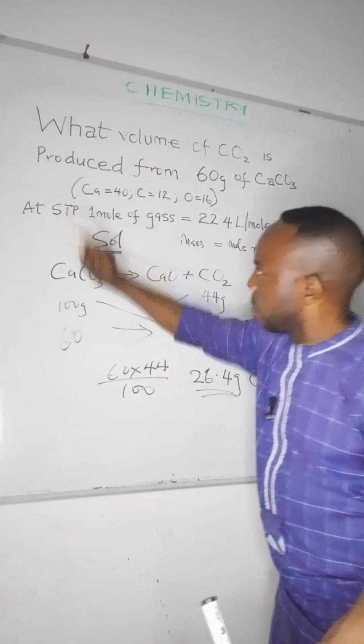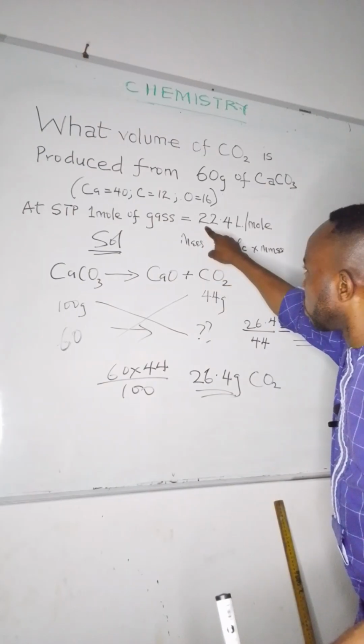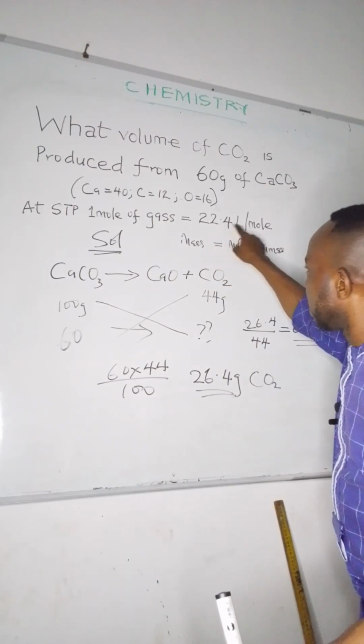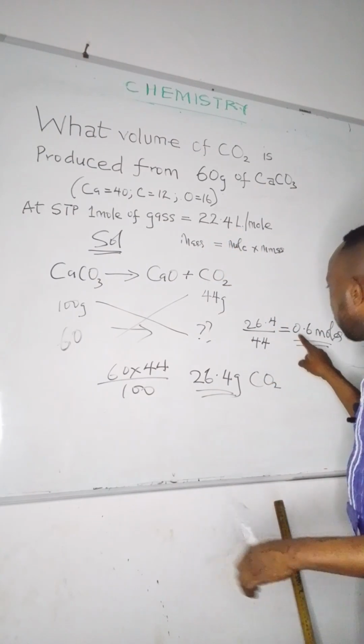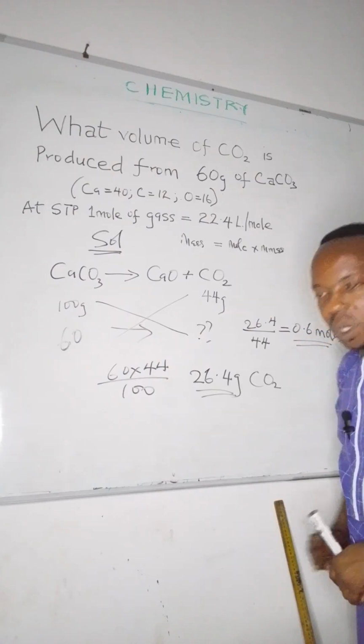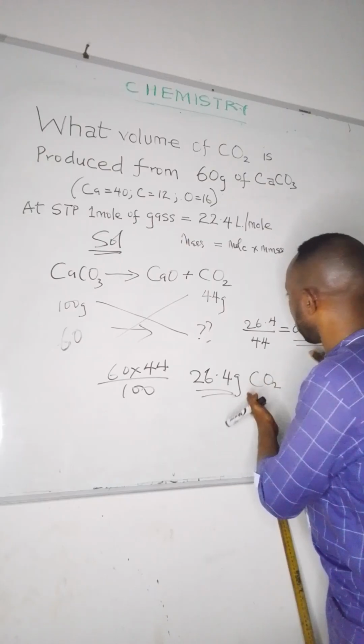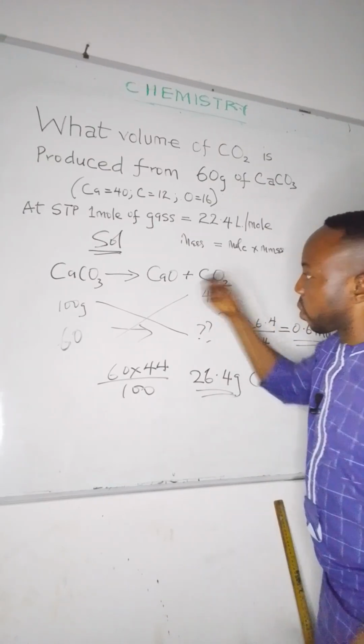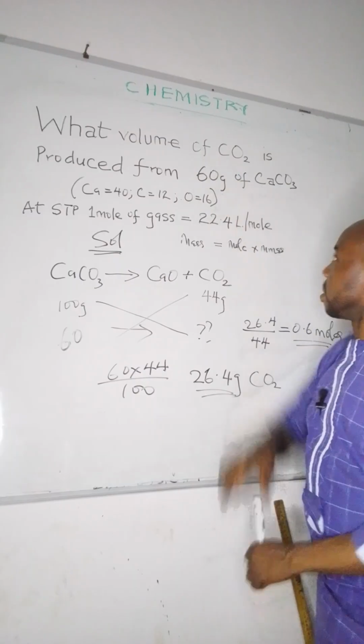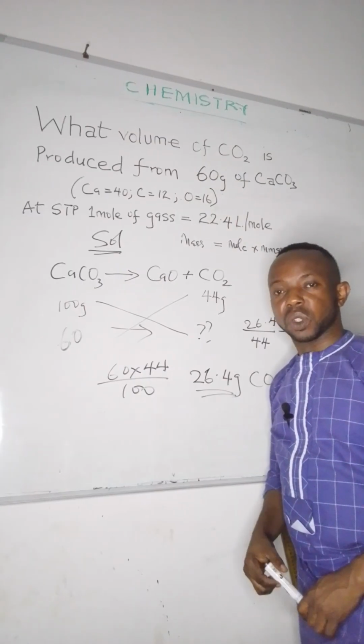So if 1 mole of a gas is equal to 22.4 liters, how many will 0.6 moles be? Because what we have here is only 0.6 moles of carbon dioxide that can be produced from these 60 grams of calcium carbonate.